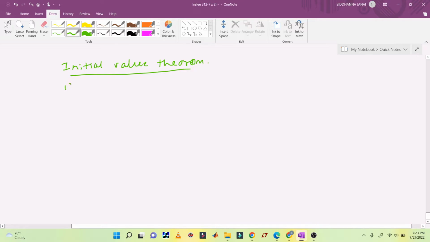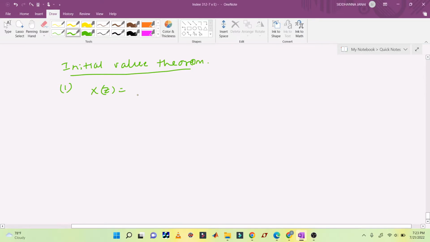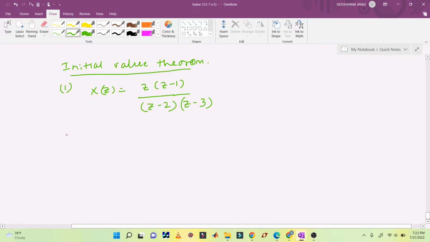X of z is given as z into z minus 1 divided by z minus 2 into z minus 3. For this we need to find the initial value. Initial value of what? Initial value of x of n.